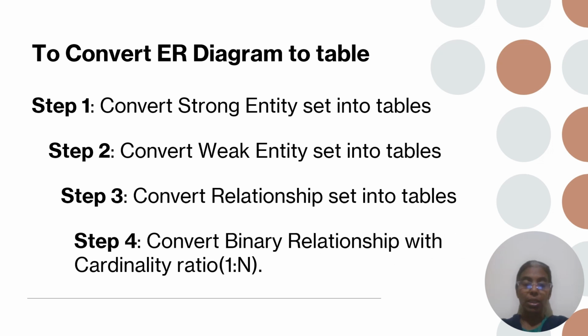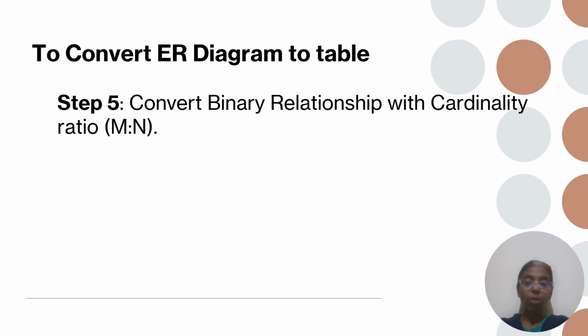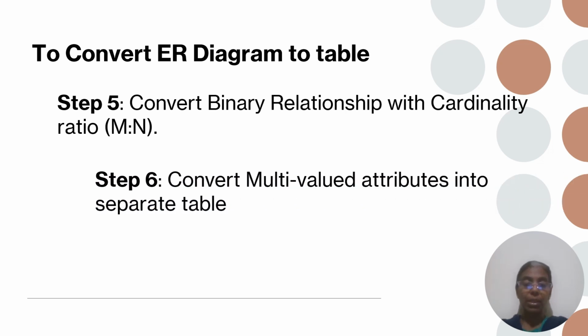And then the fourth step is when the relation between one entity and another entity has 1:n cardinality, then we will see how to convert that into tables. The fifth step is to convert the binary relations, that is, if the relations have cardinality m:n. And the final step is to convert multi-valued attributes.